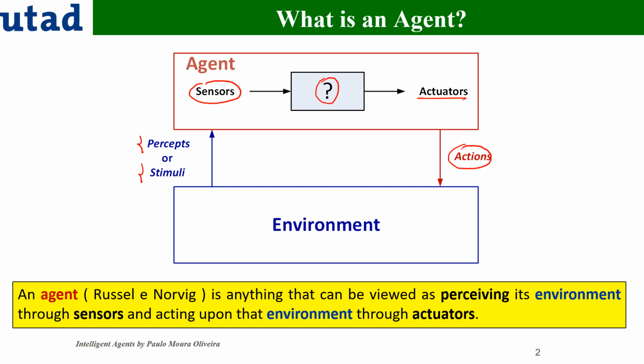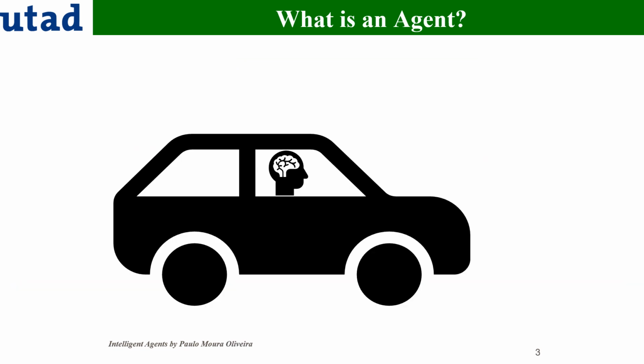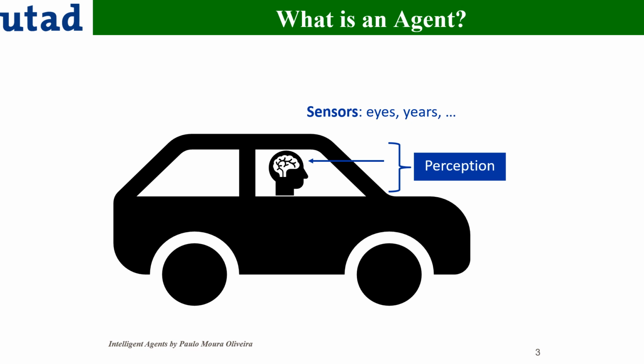According to Russell and Norvig, an agent is anything that can be viewed as perceiving its environment through sensors and acting upon the environment through actuators. A very good example is when you are driving a car. We as agents have sensors: eyes, ears, our hands.